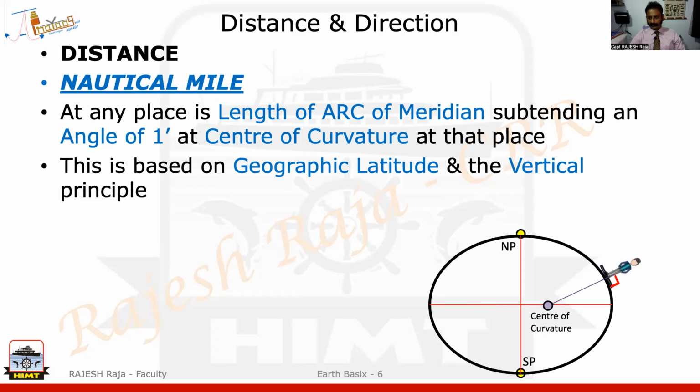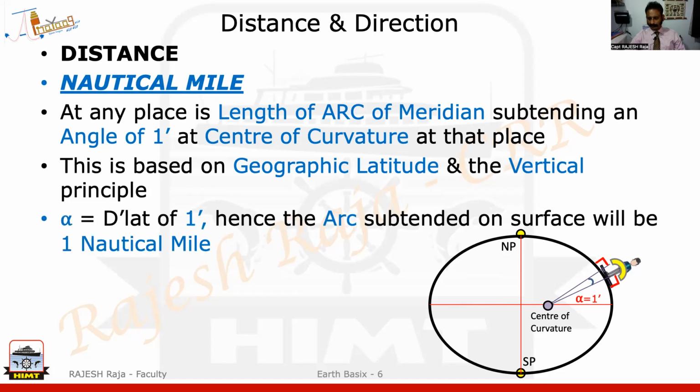Now he says that if I draw one more vertical, which is just 1 minute away from this particular place, then I can measure a small arc of the meridian where he is standing. So this is the arc of the meridian.